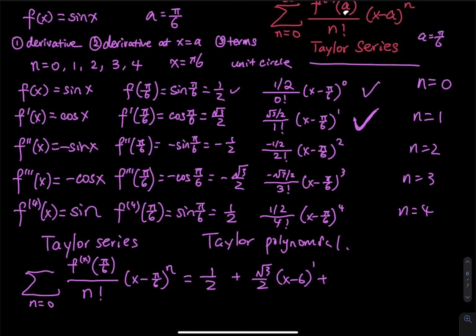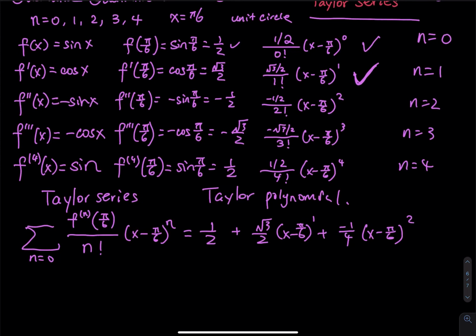A negative 1 over 4, right? And then x minus pi over 6 raised to the second power. And then you have to add negative root 3 divided by 2 times 2 times the factorial of 3. So 2 times 6 is equal to 12.